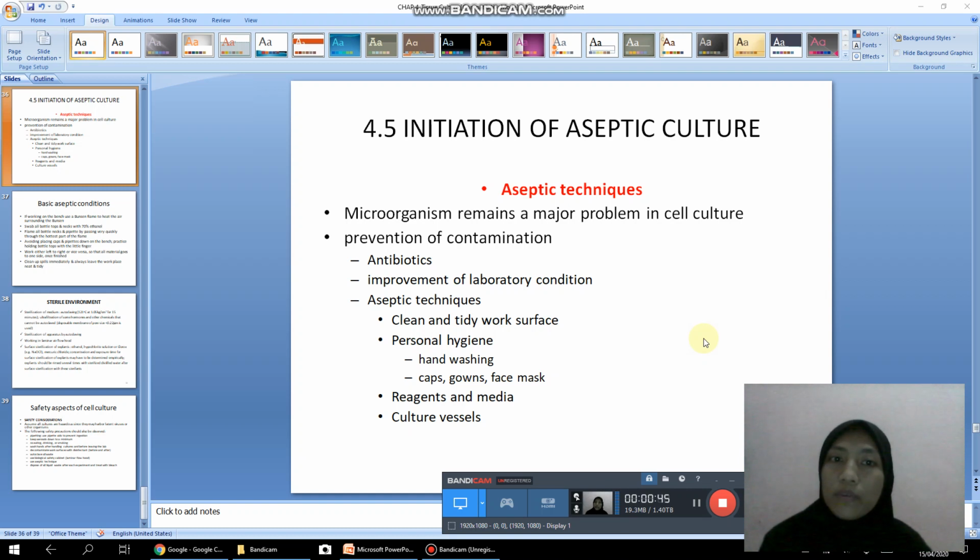It has to have an improved lab condition. Everything has to be clean. You have to spray ethanol all over it. You have to sanitize. Everything has to be really, really clean, and the work surface has to be clean as well. So it all talks about cleanliness.